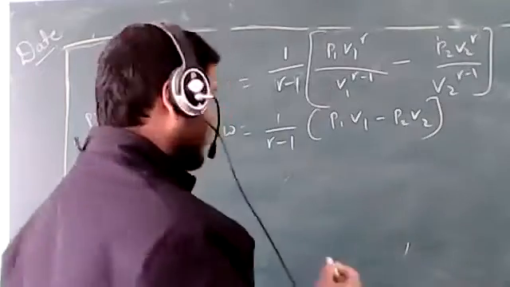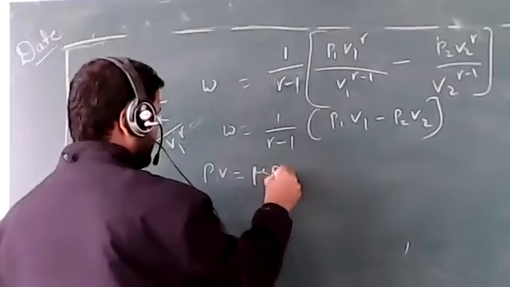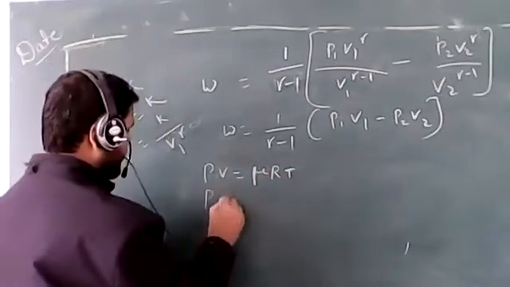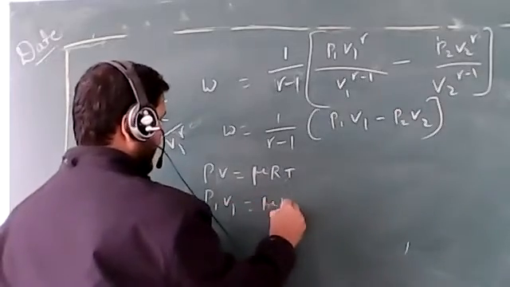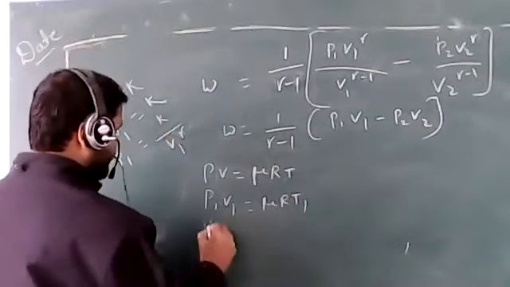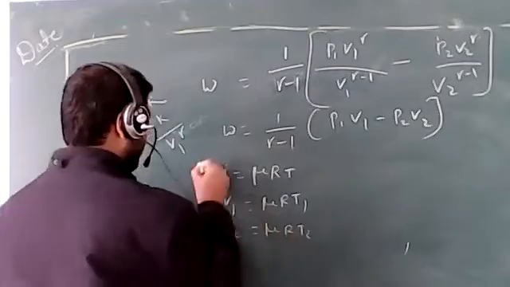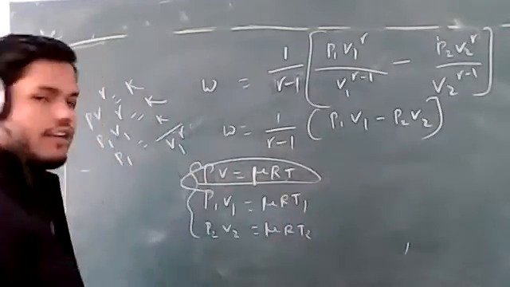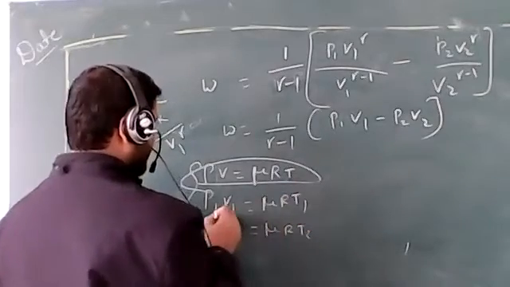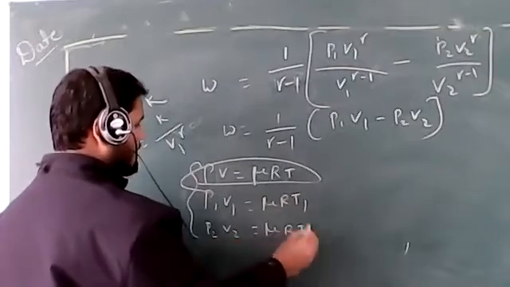We already know that PV equal to nRT or mu RT, is it or not? So P1 V1 equal to mu R T1, and similarly P2 V2 will be mu R T2, because it is the ideal gas equation, PV equal to mu RT.